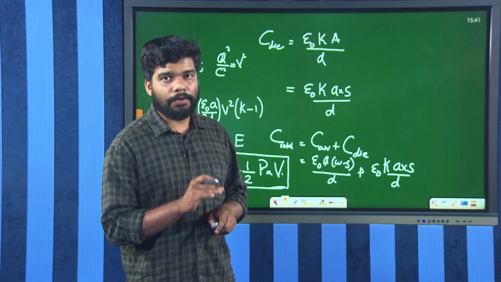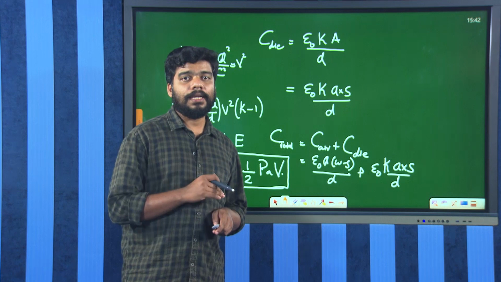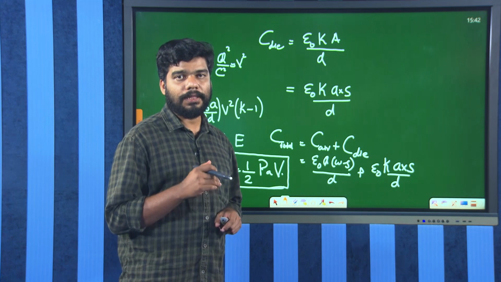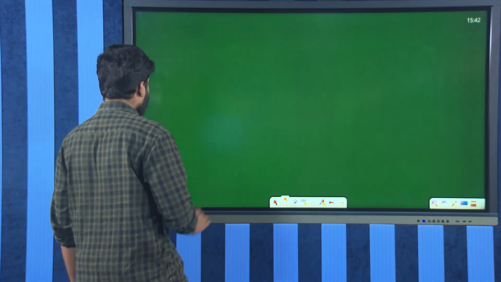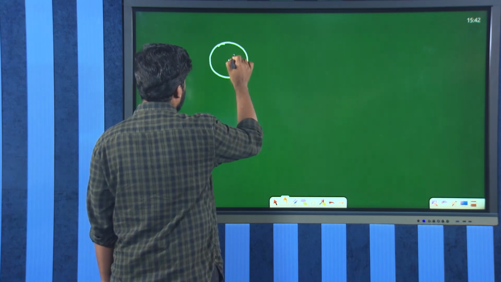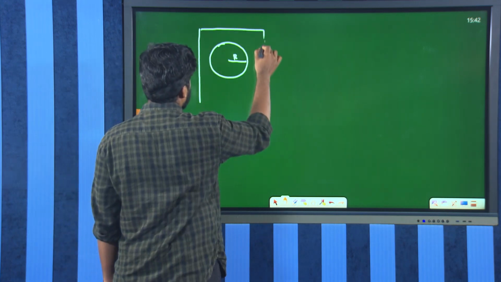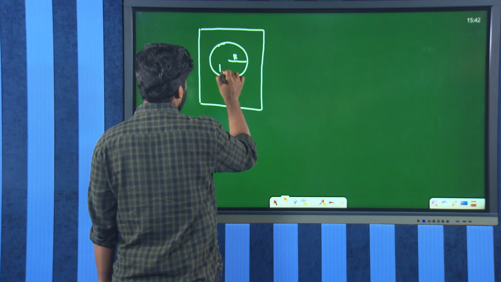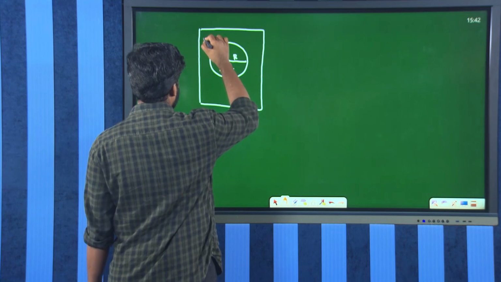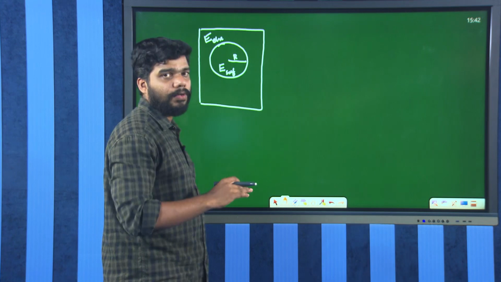Imagine that a sphere of radius r is assigned to each molecular dipole, then the molecular density is given by n is equal to 1 by 4 by 3 pi r cube. So, here a sphere of radius r is considered as assigned to each molecular dipole, and there is its electric field due to its polarization, and elsewhere the electric field around that.